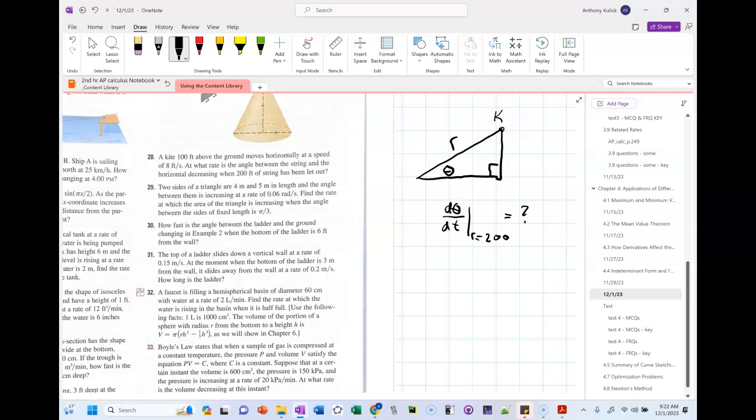That's what we're interested in. And we know dx dt, let's call that side x, is 8 feet per second. So far, so good?